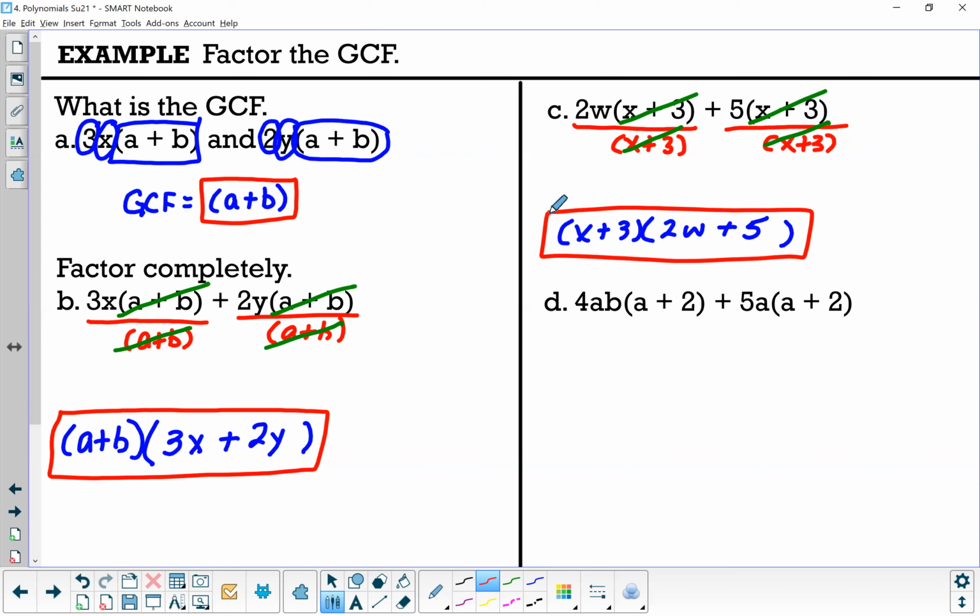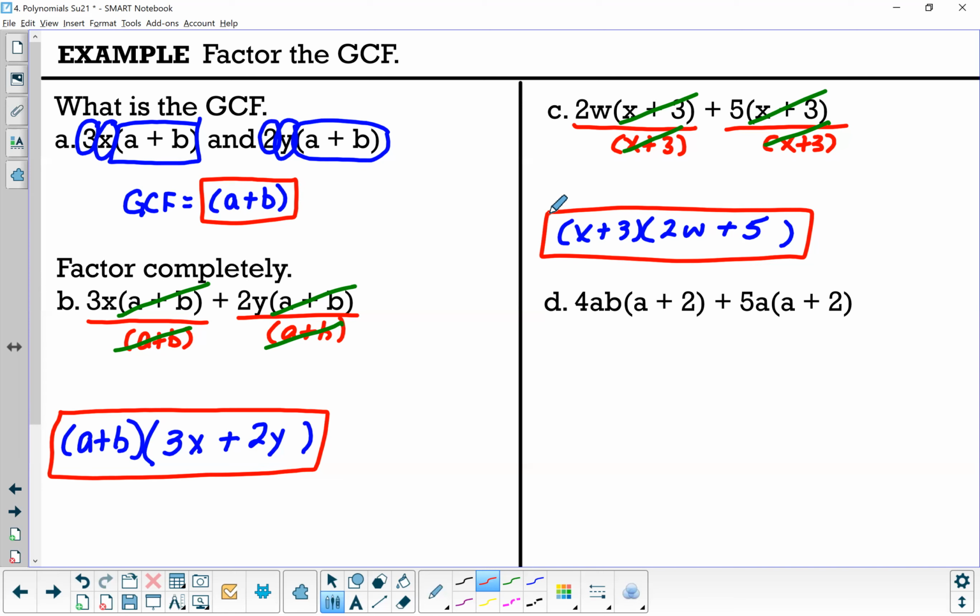Okay, example D, we have 4ab(a + 2) plus 5a(a + 2). All right, pause the video and go ahead and factor that. All right, this one was a little bit different.